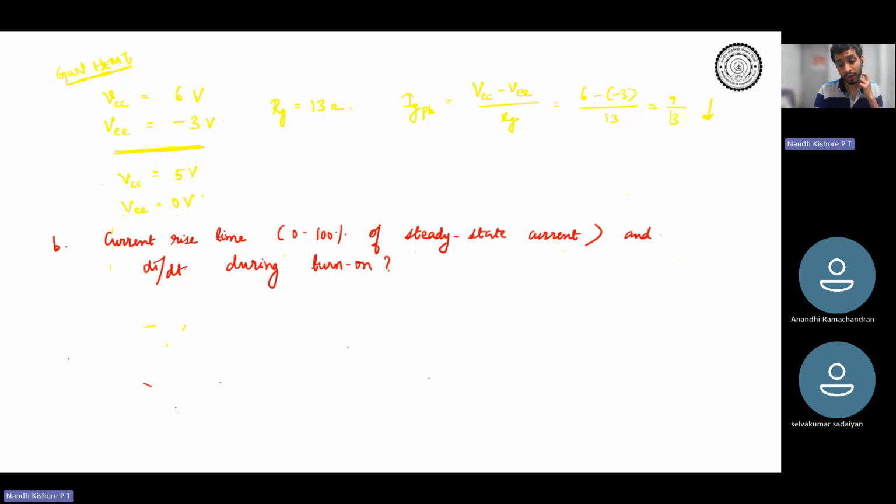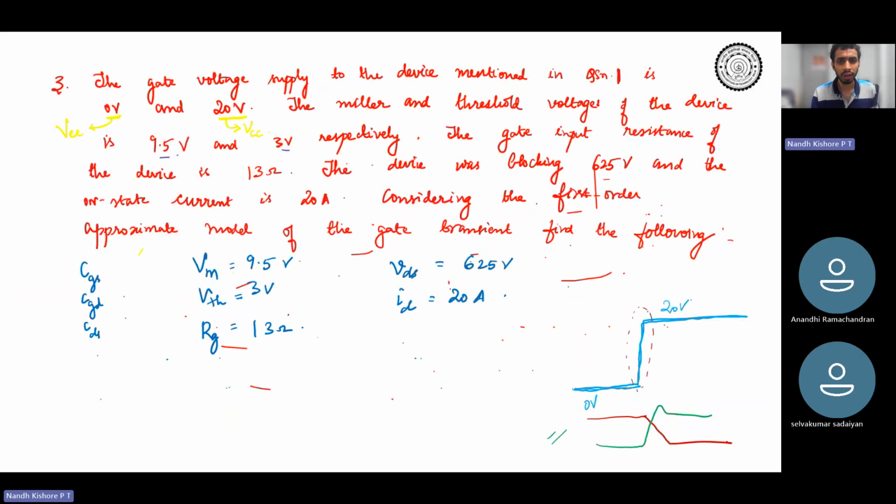So one more aspect we saw was the gate voltages used for the different devices. I just write it down over here, so it's an extra piece of information. For IGBT, you will use 0 to 20 volts.